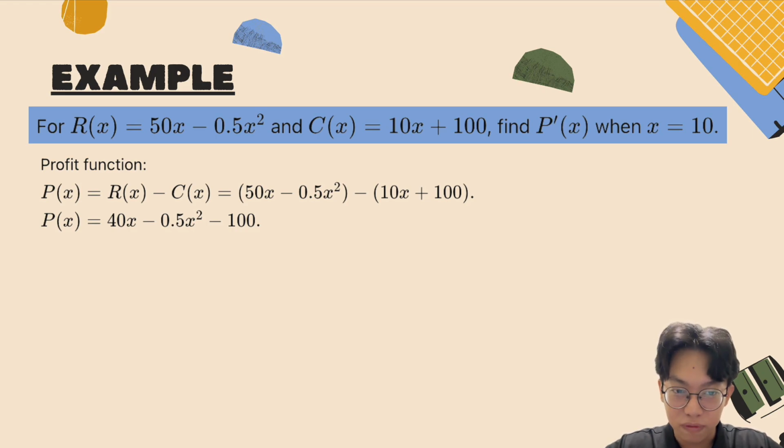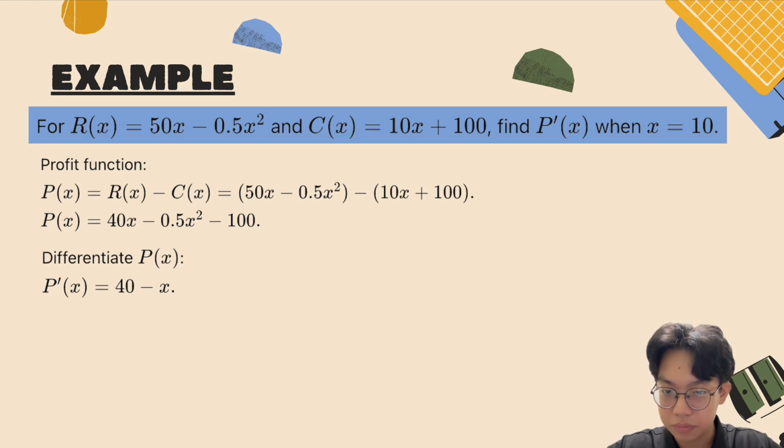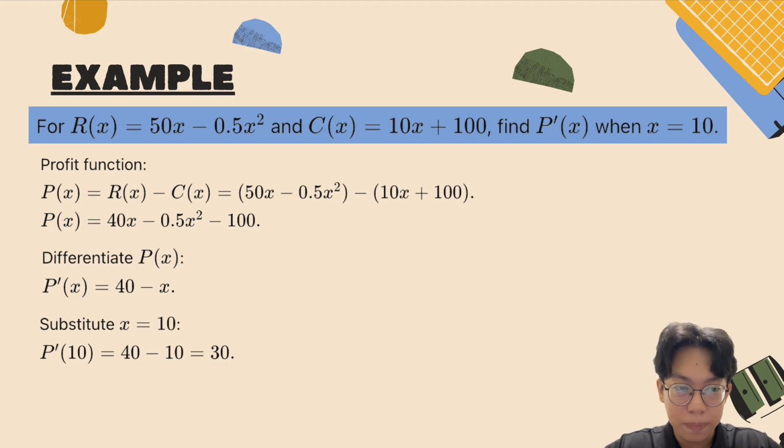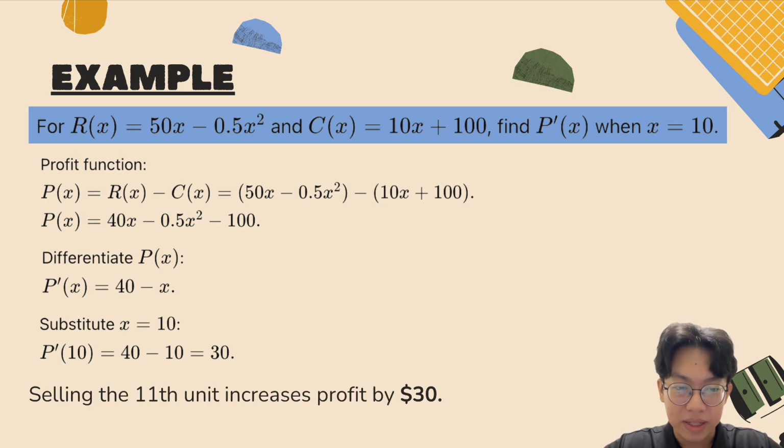To find the marginal profit, we differentiate it and get 40 minus x. Finally, we substitute x equals 10, so P prime of 10 equals 40 minus 10 equals 30. So that simply means selling the 11th unit increases profit by $30.